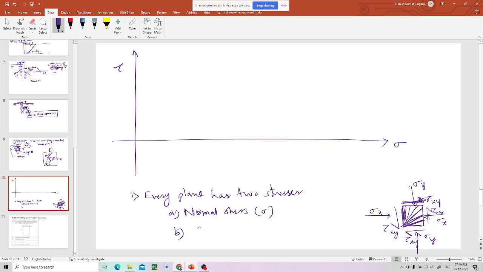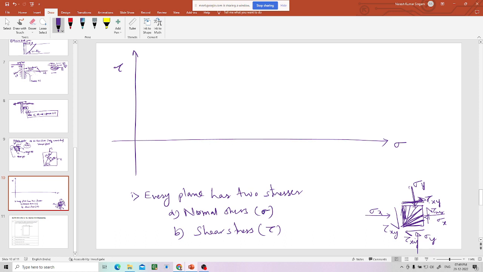Another one is shear stress, tau, right? Sigma, tau. You take any plane, sigma, tau. Tau may be zero, but there are only two planes where tau is zero; all the remaining planes have some value of tau and sigma.